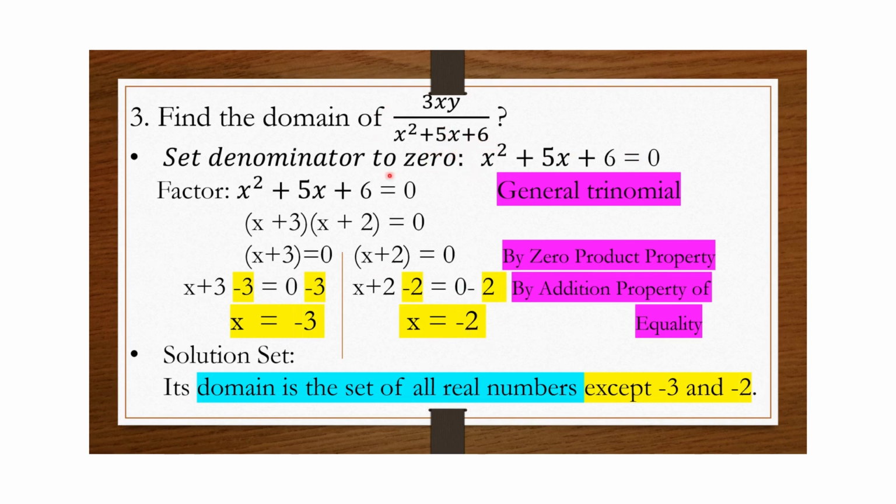And our expression will become undefined if these two are the value of x. All the rest, like 1, 5, 7, negative 20, and all real numbers except negative 3 and negative 2 will be valid values, or they can replace the value of x in this rational algebraic expression. Okay?